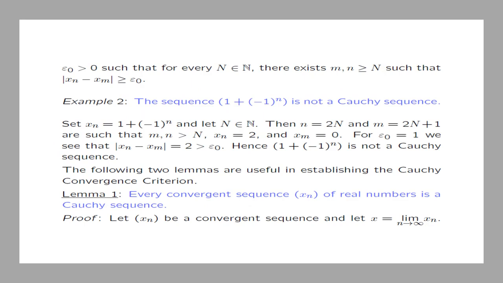So the next example, example 2, we want to show that the sequence defined by 1 plus minus 1 to the power n is not a Cauchy sequence.